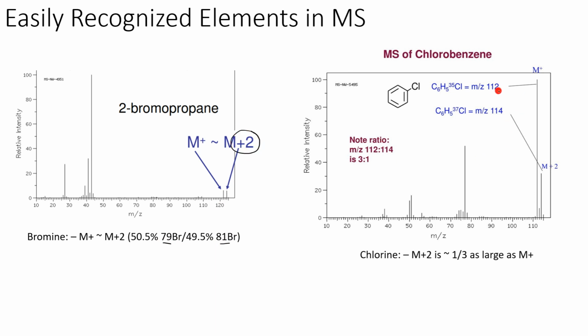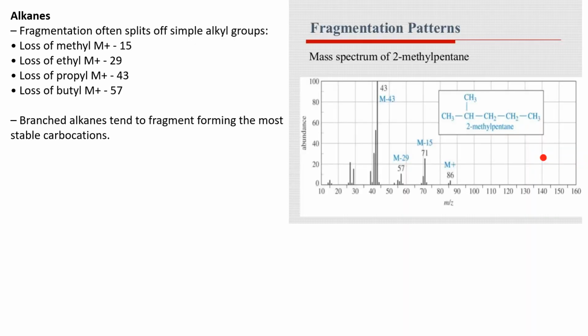Here also the difference is 2. So these two are isotopes, and this is 3 is to 1. If you get a ratio like this, 3 is to 1, then chlorine is present. So these are some of the hints which you can identify in the mass spectra.